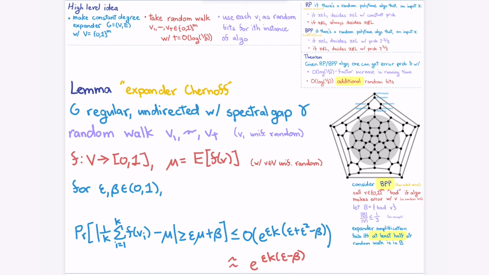A slightly more general framework is: imagine you assign points to all the vertices, which could be just 0 or 1, whether or not it's bad. Let mu be the average number of points on each vertex if I just sampled them uniformly at random. So if you do a random walk, you're expecting to get mu points or mu coins per vertex.